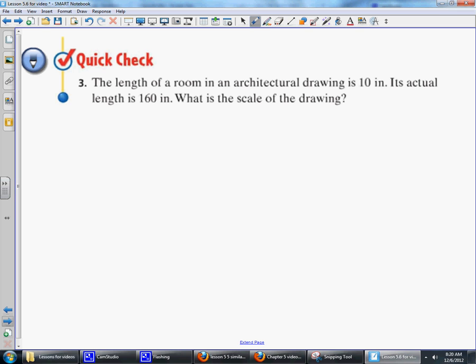Okay, so the length of the room in an architectural drawing is 10 inches. But the 10 inches is really 160 inches. So we're going to compare the drawing over the actual size.